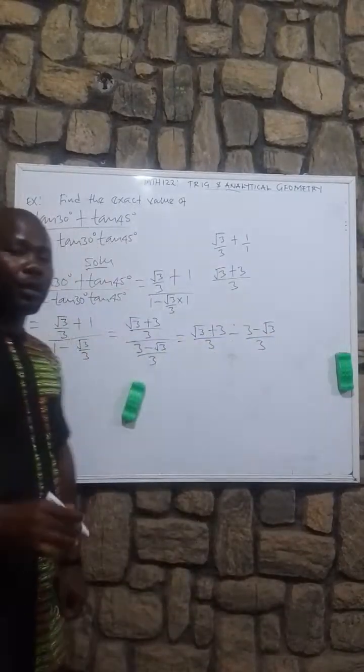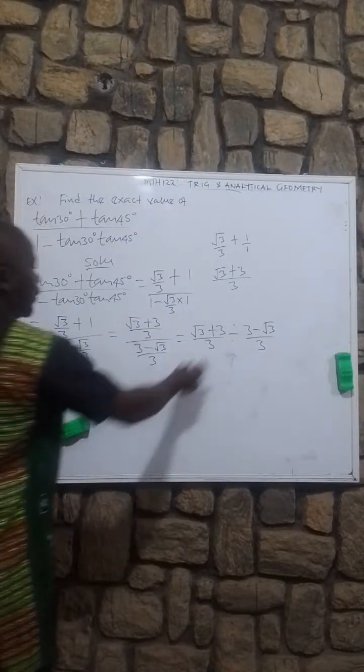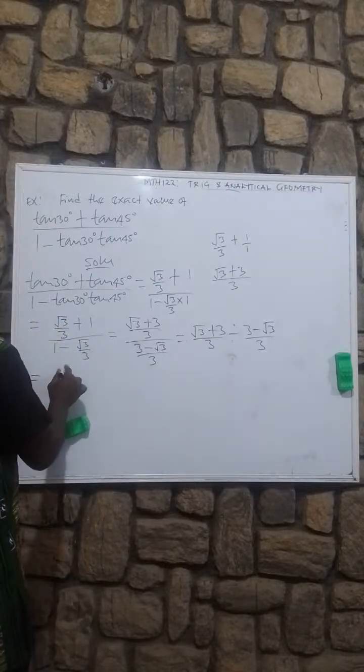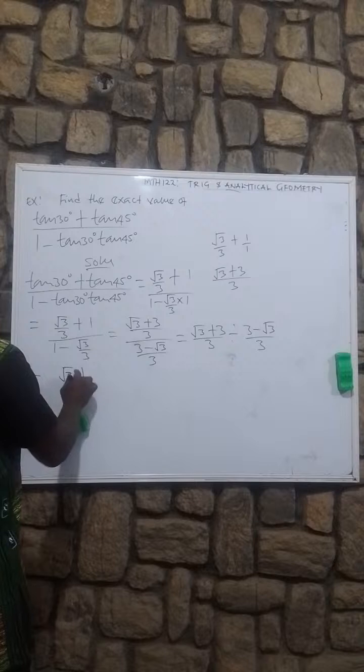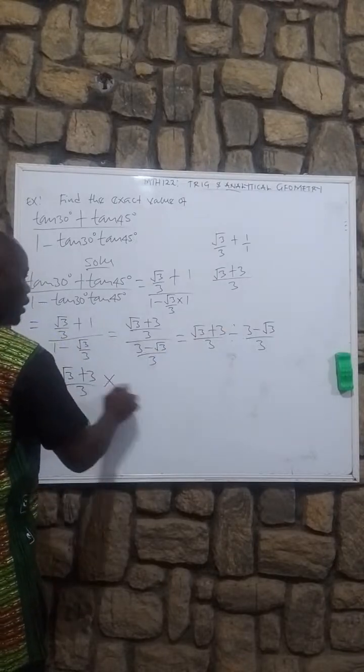Okay? So far, so good. We convert this to multiplication. This is equal to root 3 plus 3 all over 3, this one, times the denominator, which will now come up.